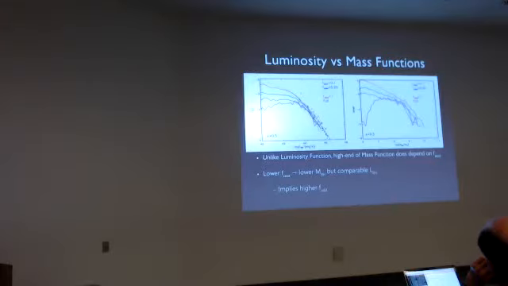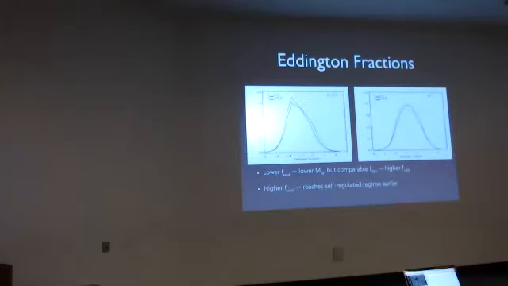The ones that grow less efficiently to a lower mass are actually growing more efficiently in terms of their Eddington fraction at the end of the simulation because they are not yet self-regulated. So it's lower mass, but higher accretion efficiency. So you can explicitly see this. These curves are distributions of Eddington fraction. So on the right at redshift 1, you can see whichever model we use, they're pretty much all the same.